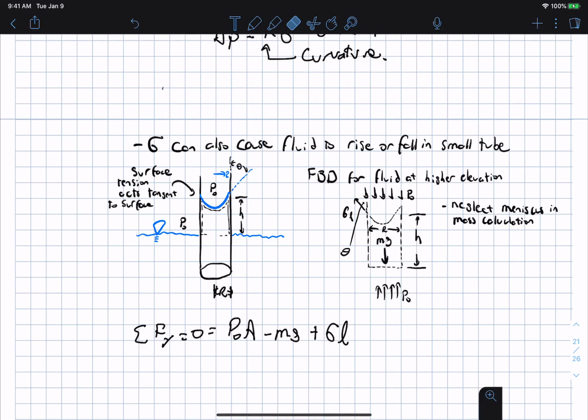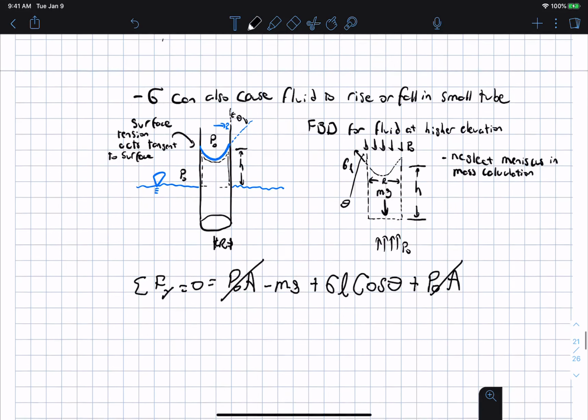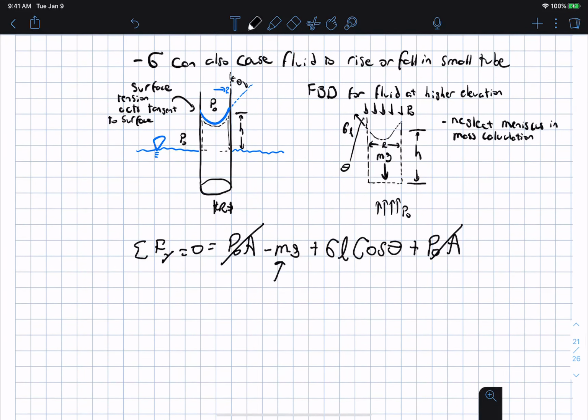Because we are summing the forces in the y direction, and that is that component there. And so that is sigma times the length times cosine of theta, plus the pressure acting on the bottom, pushing up, and that's P naught times the area. Well, these cancel out, and we know that mass is equal to rho times the volume.